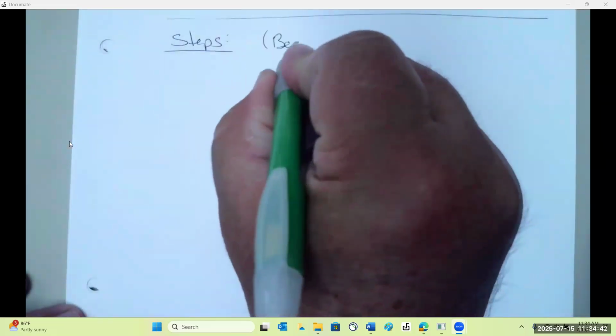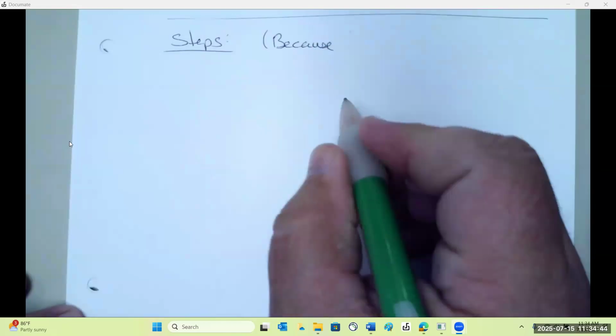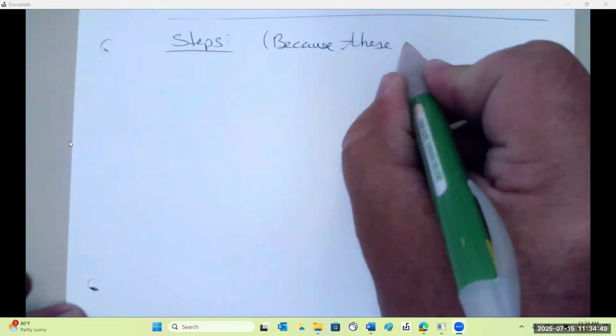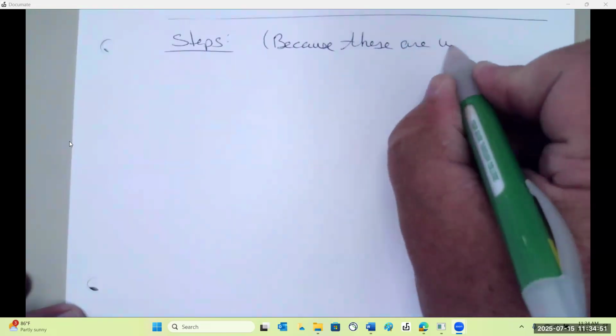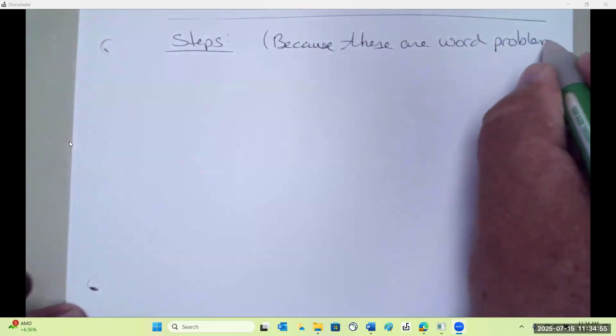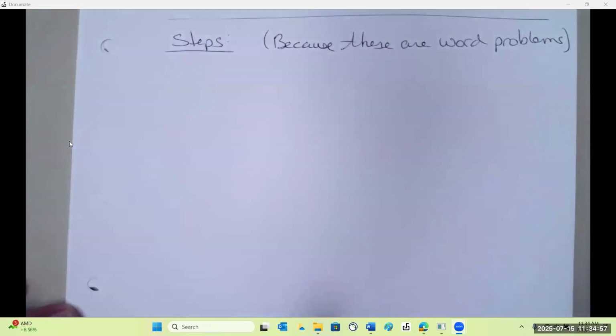Steps to solve these things, because these are word problems. Because they're word problems, we have to read them.